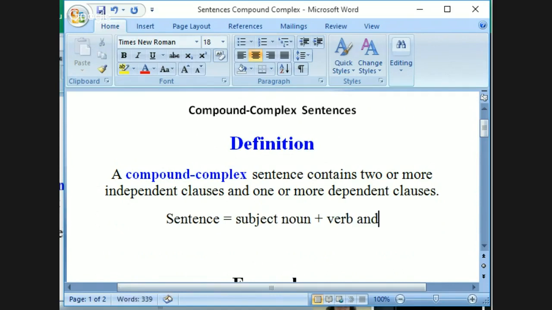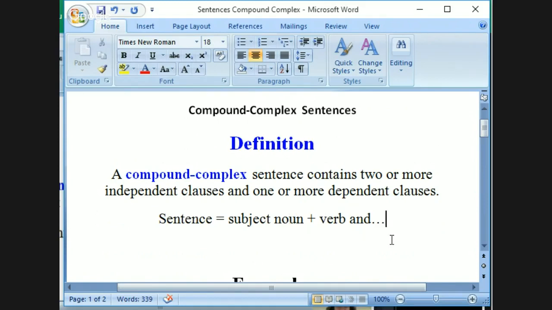And then objects? Not necessarily. It's not necessary. For example, when we create sentences with linking verbs, those are verbs that link with an adjective. For example, I am angry. I'm not really, but angry is an adjective. I have I, the subject noun, the verb am, and an adjective. So it often does, but doesn't necessarily need an object.